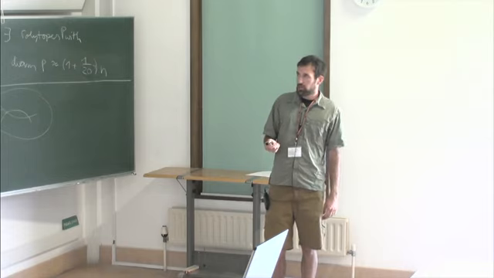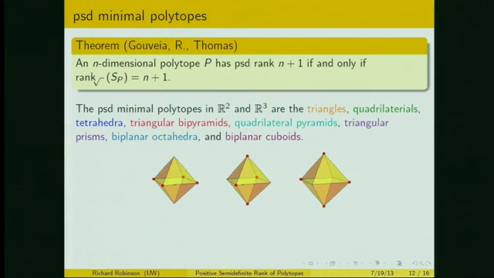But the interesting case is for octahedra. So given an octahedron, there's 3 groups of 4 vertices that are special. I can view the octahedron as a bipyramid over these 4 vertices, or equivalently, I could view it as a bipyramid over these 4 vertices or these 4 vertices.